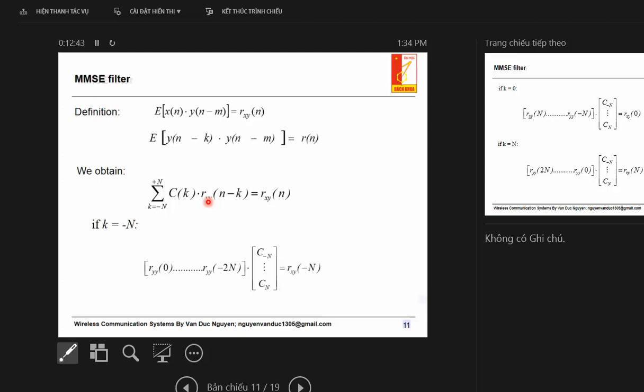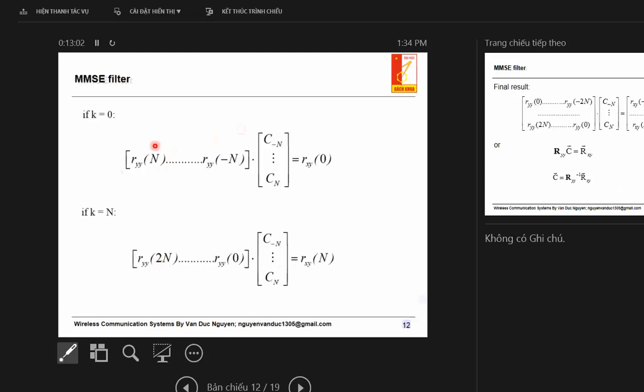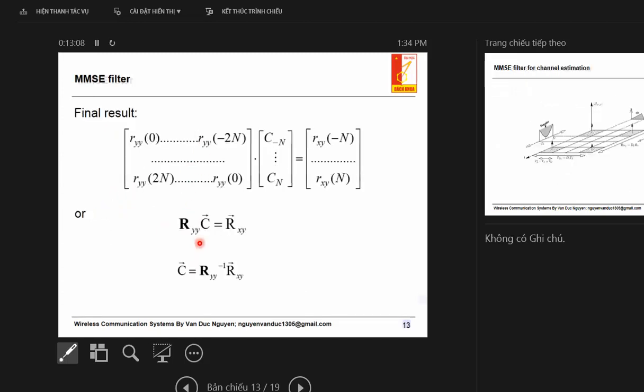That relation here. From this equation, you just replace k with minus n, then k from minus n to plus n. And also do it for other k here, k equal to 0, k equal to n. As the final result, we have this relation.